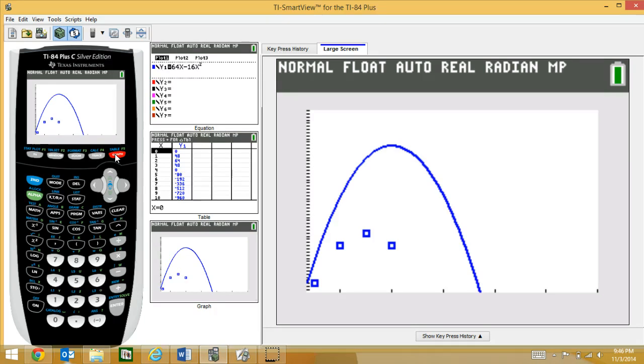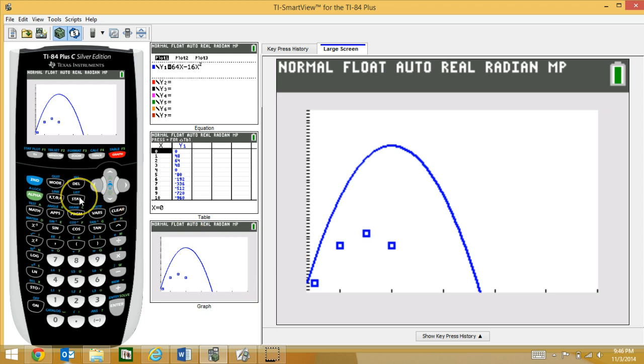And so it's obvious that the projectile described by the equation goes higher than the one described by the table of values. Okay. But what we're going to do right now is find the quadratic equation that describes the height of the projectile described in the table by these different data points.